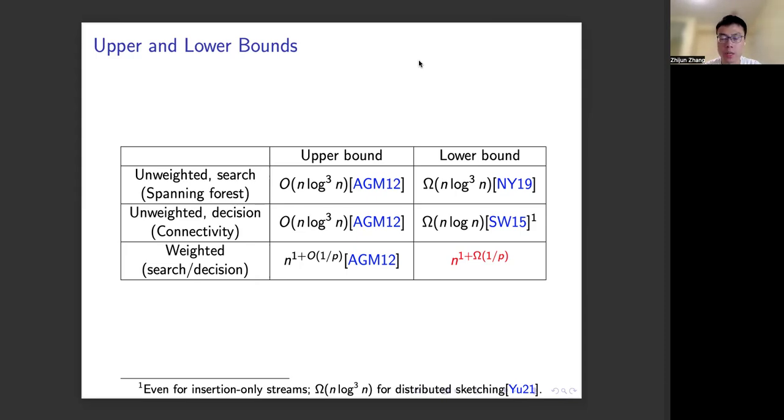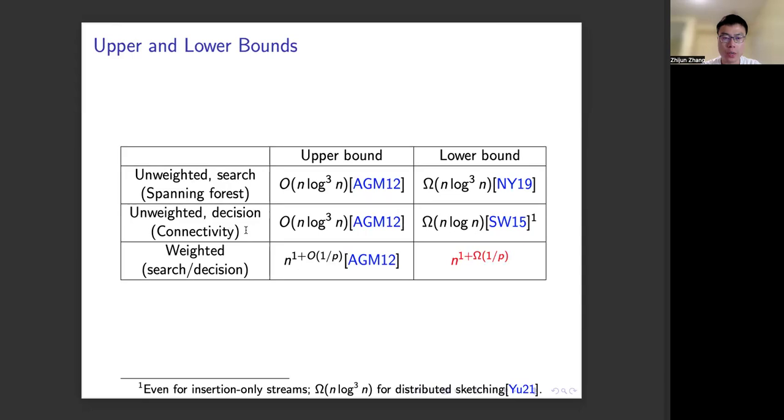It is also the paper that started using linear sketches to give dynamic graph streaming algorithms. And later on in 2019, Nelson and Yu proved a matching lower bound for this particular problem.